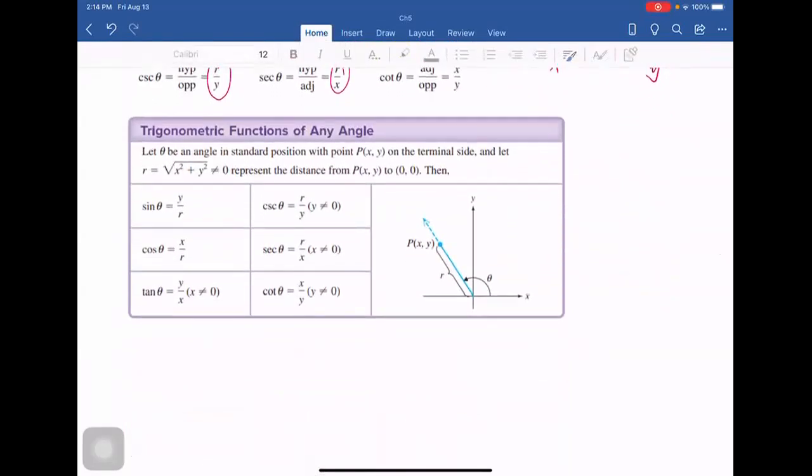Trig functions for any angle. Let theta be an angle in standard position with the point P x, y on the terminal side. Let r equal the square root of x squared plus y squared, which is not equal to 0. It represents the distance from P x, y to 0, 0.